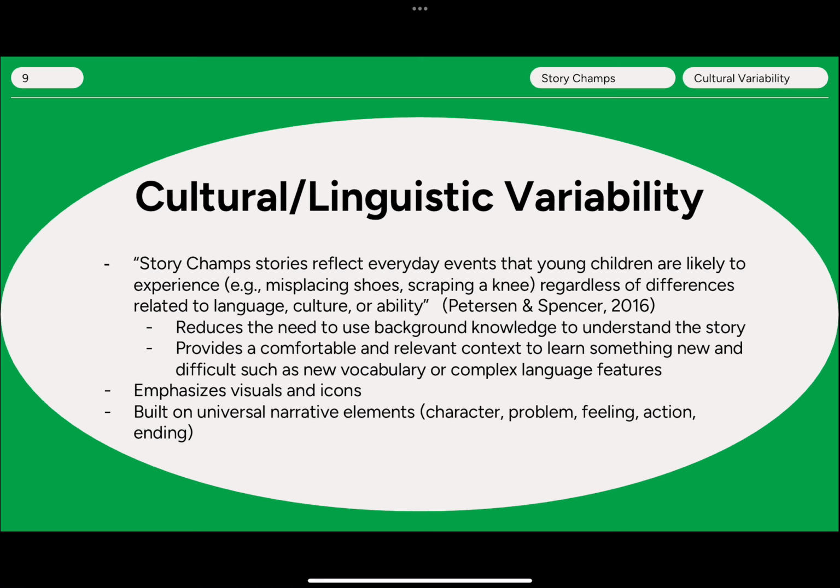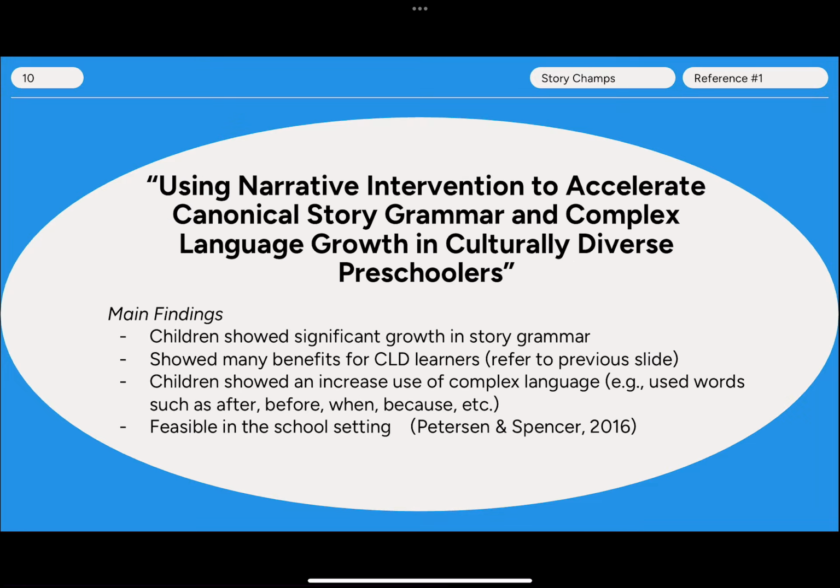So this reduces the need for the child to use background knowledge, and it provides a comfortable context to learn something new and difficult, such as new vocab or complex language. It emphasizes visuals and icons and not a lot of words, and it's built on universal narrative elements like character, problem, feeling, action, ending.